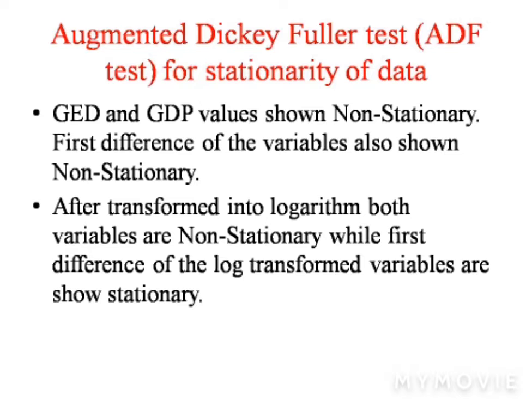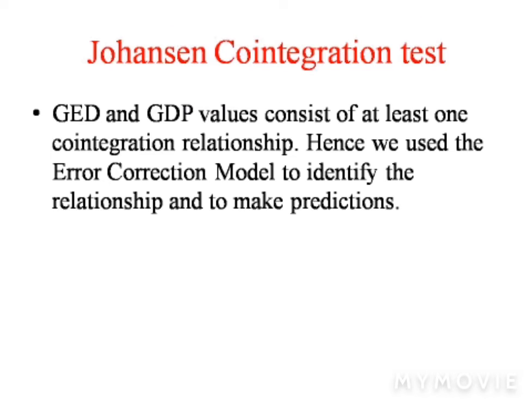After we identified variables are stationary at first difference, we use the Johansen co-integration test to identify the number of co-integration relationships. Accordingly, the Johansen test identified two co-integration relationships based on trace. Based on these results, we use an error correction model to identify the relationships and make predictions.